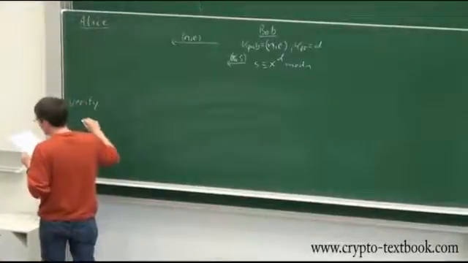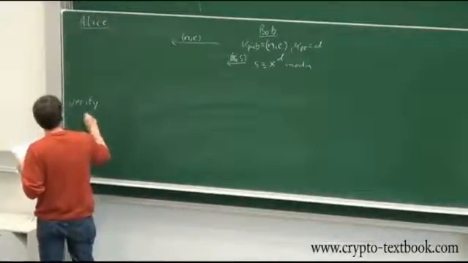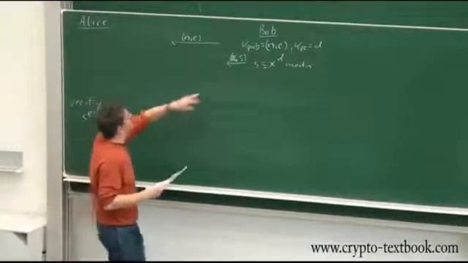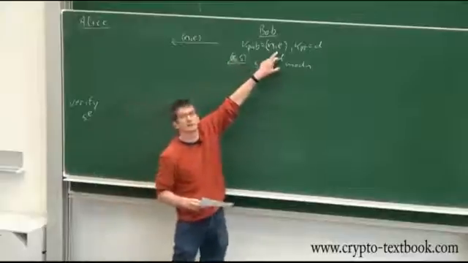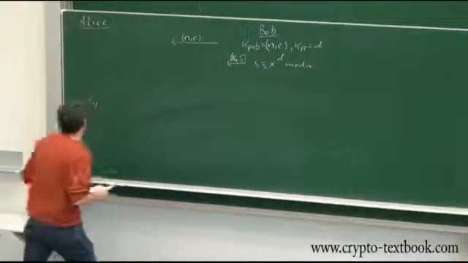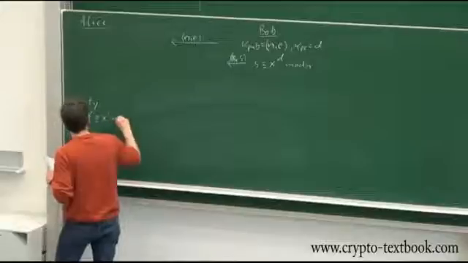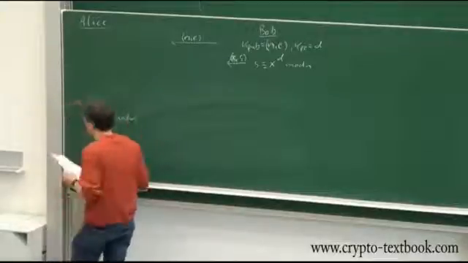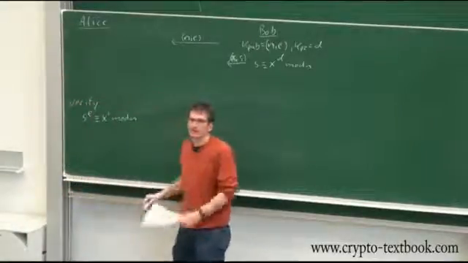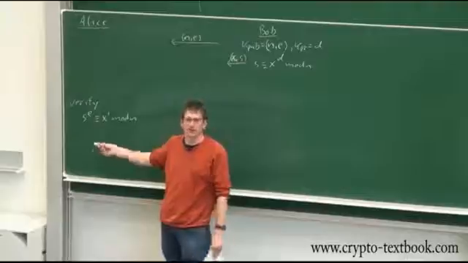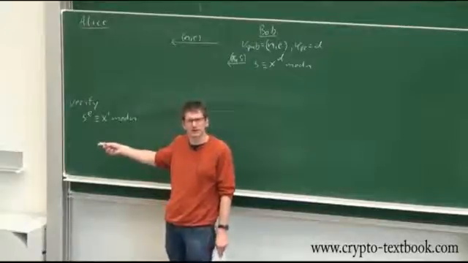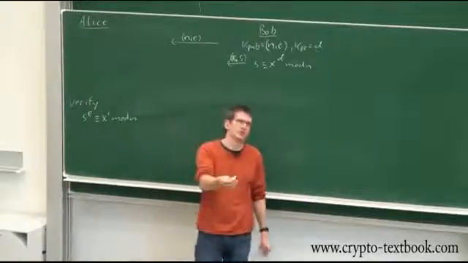So what does she do? She takes the signature, raises this to the public exponent, s to the e modulo n, which we call x prime. And does anyone recall what is now the last step? You all did homework last night, right?